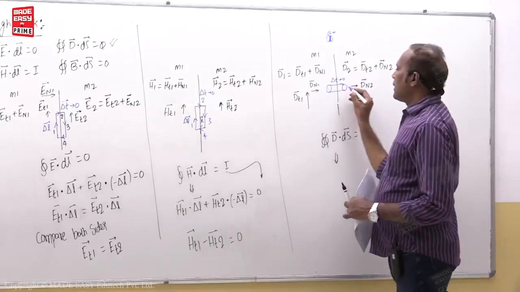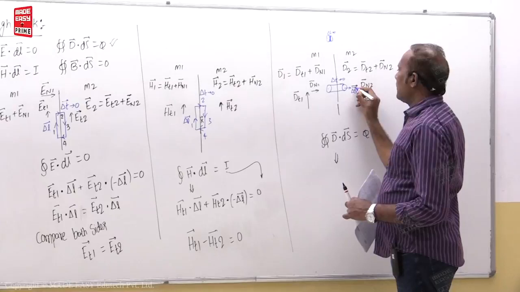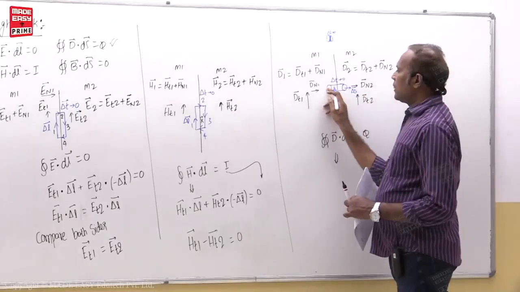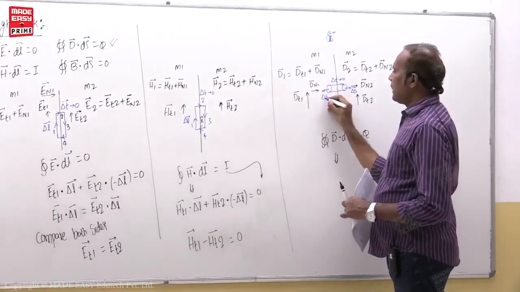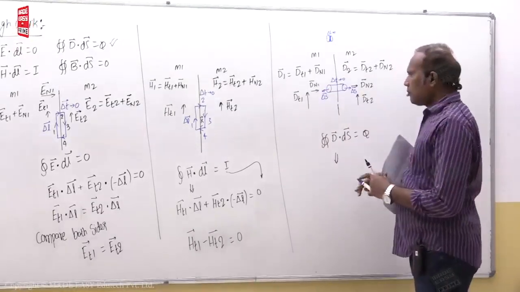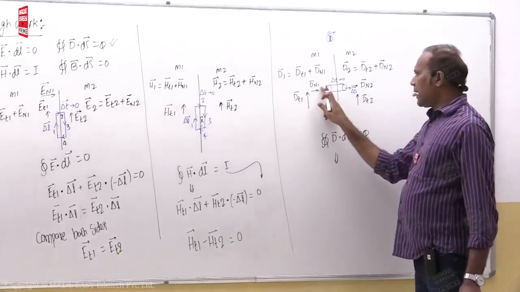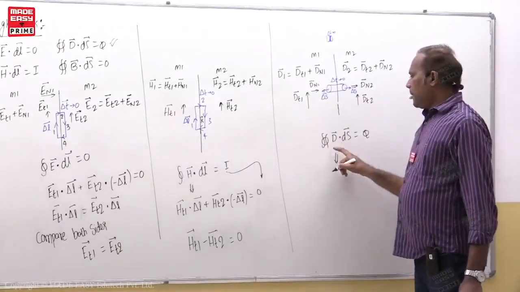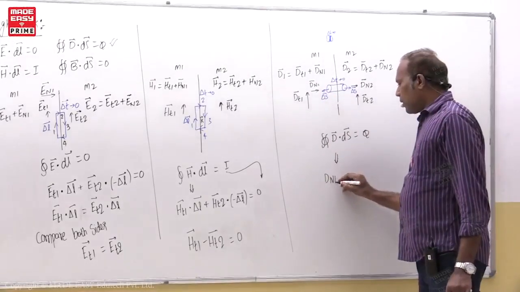The surface vector for this is normal to this surface and away from this surface. The surface vector for this side is normal to this surface and away from it, like this, delta S bar. Now if I do this side here, D bar is DN1 bar.